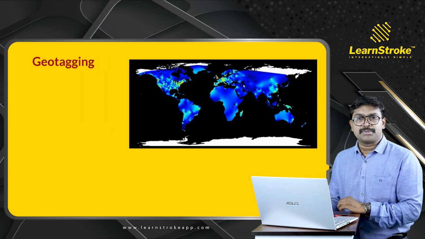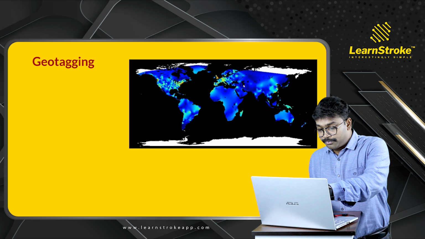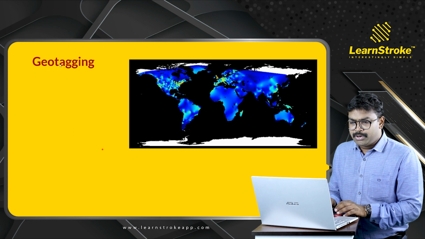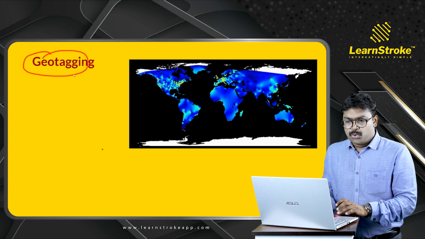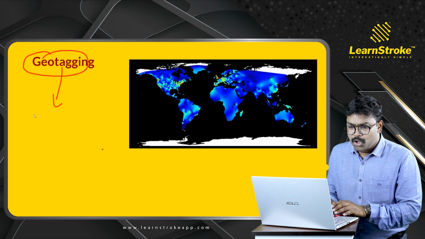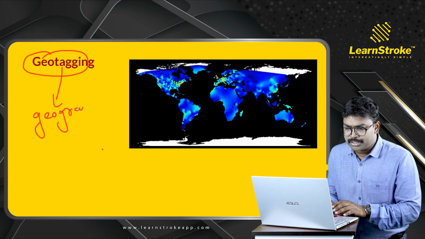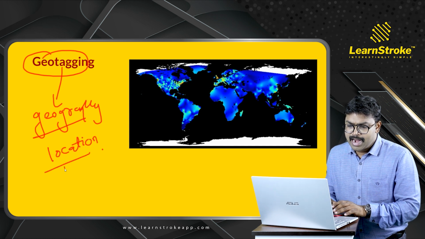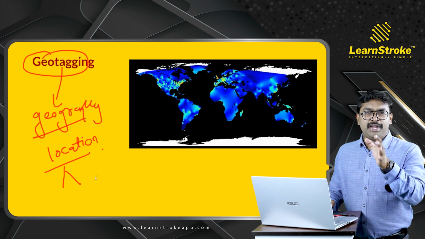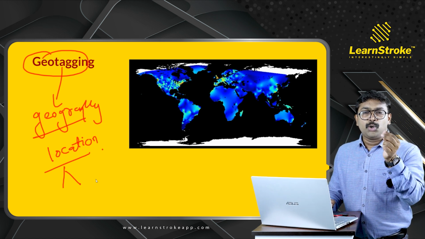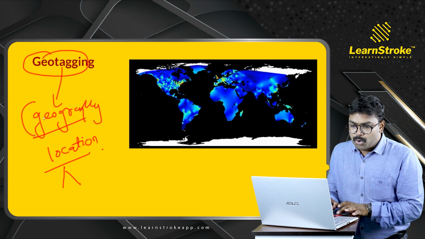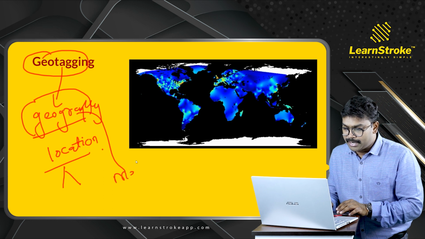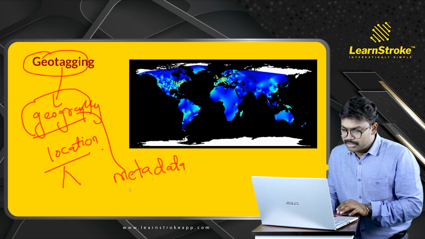Let's take a close look at the next important topic which comes here, which is geotagging. You must have already heard about this concept called geotagging. What do you mean by geotagging? Because you can derive a few things from this. Geotagging means, obviously you will derive that geography is already involved, and your location is already involved. These days, photos, videos, everything has a locational aspect to it. That means you attach the location information to what is called geographical metadata, because location matters a lot.